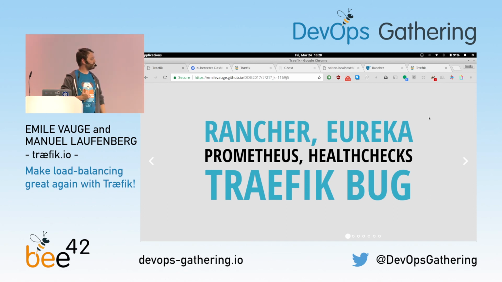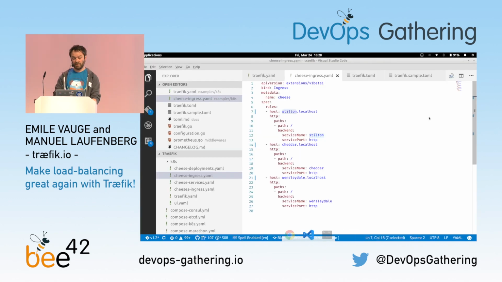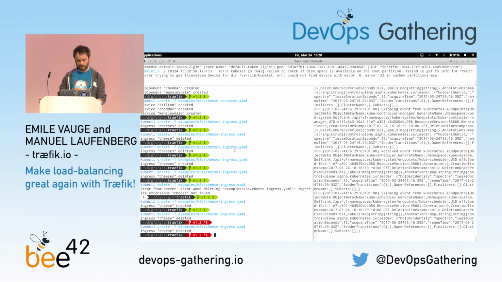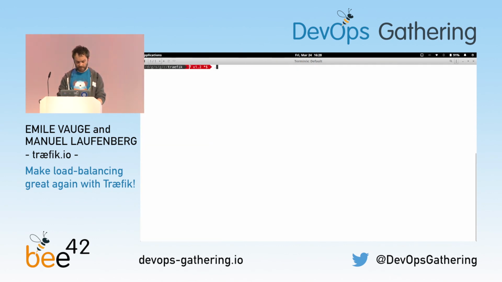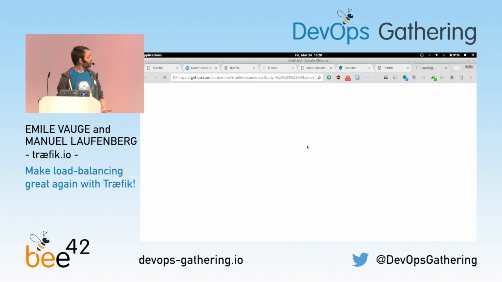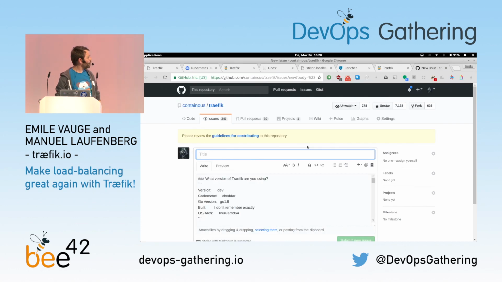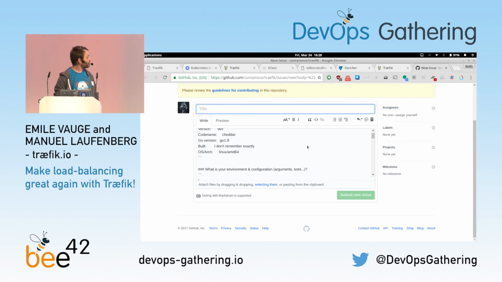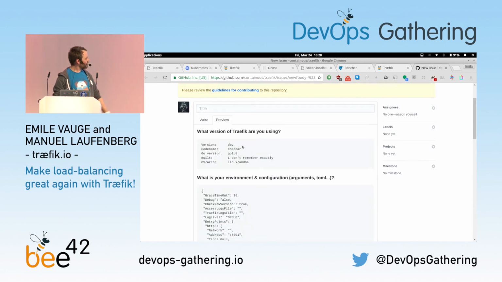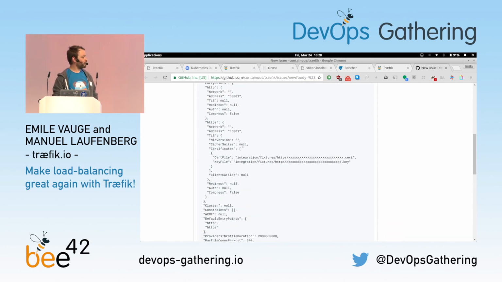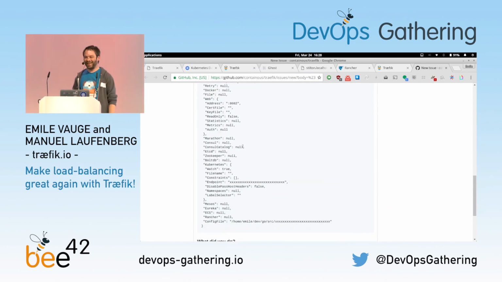We now have health check in Traefik, and we have a tiny little thing called Traefik bug. So if you encounter a bug on Traefik, you can simply use Traefik bug, and it will open a new issue on GitHub, filling it with the Traefik version and configuration. So this is funny.